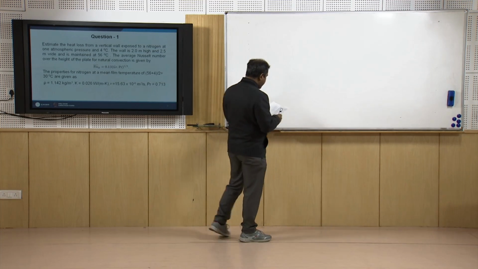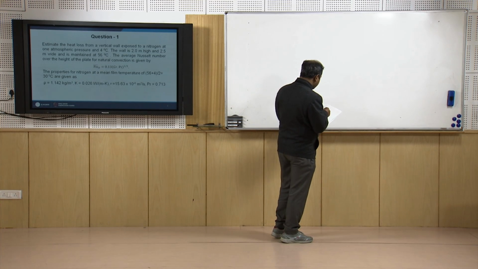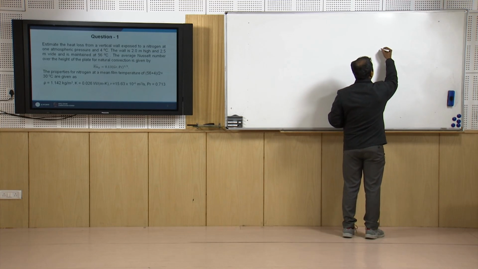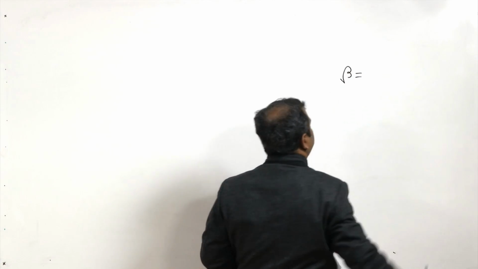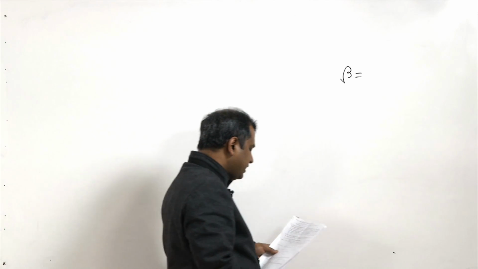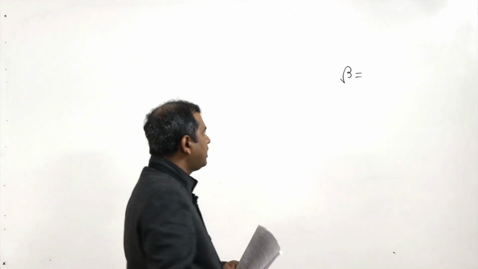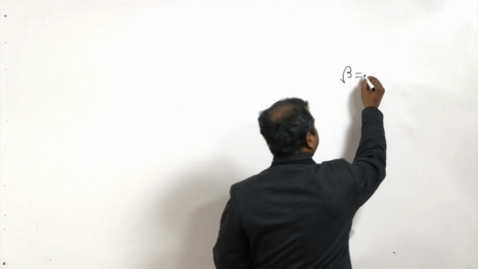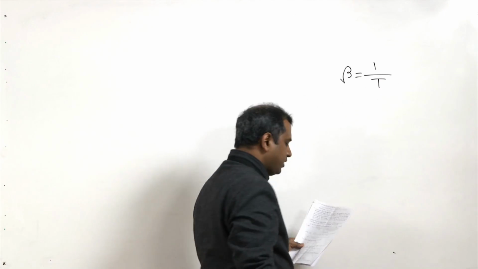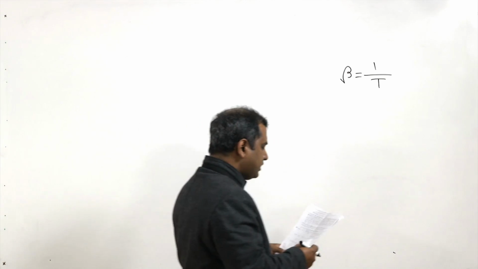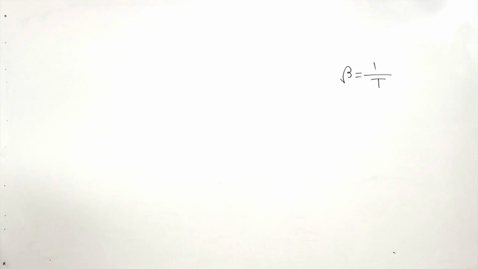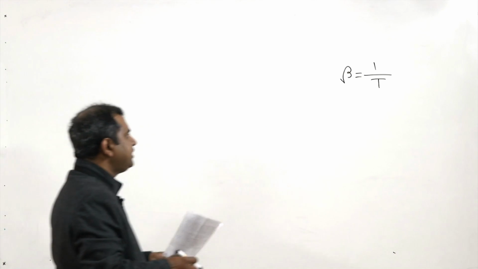As we are trying to do a natural convection problem, the important thing we need to evaluate is the value of beta, because beta is there in the Grashof number. Beta is nothing but the volumetric coefficient of expansion. For an ideal gas like nitrogen, we can write it as 1 by T. Here the temperature we can take as 30 degree centigrade, which means 303 Kelvin.